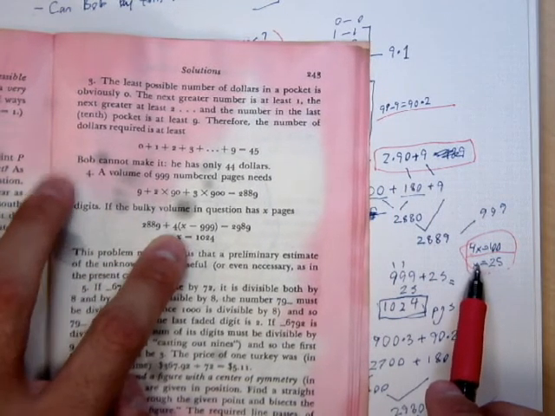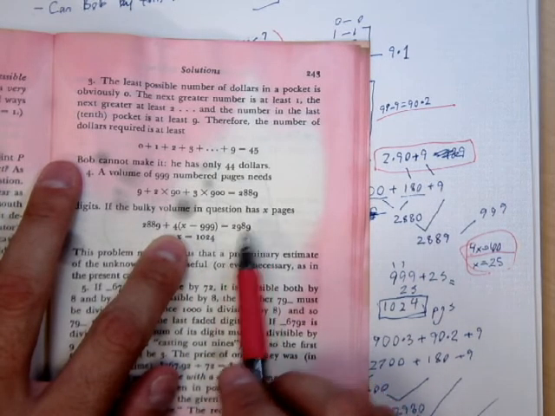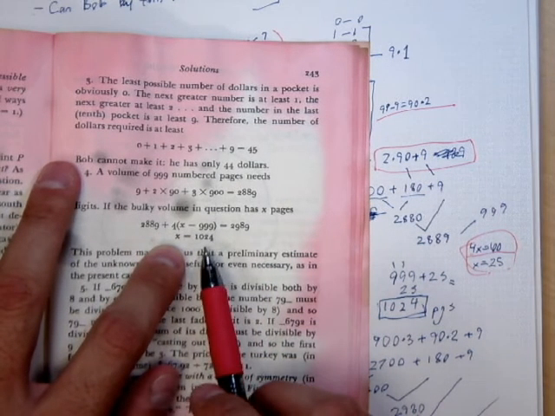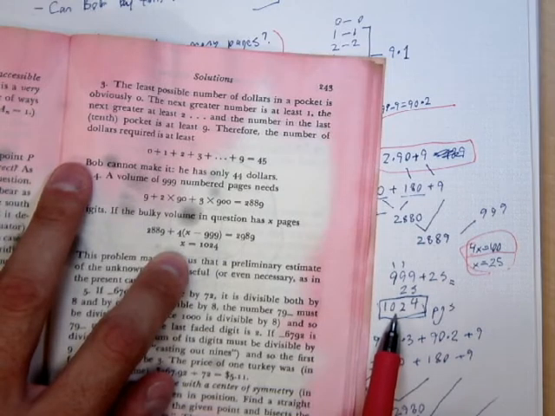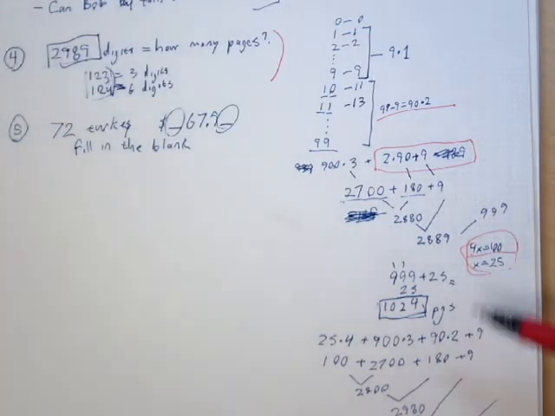We kind of worded the problem a little bit differently, but we end up with the same number. We get x equals 1024, and that's the right solution. So there we go. There's another sample of trying to solve using Polya's method.